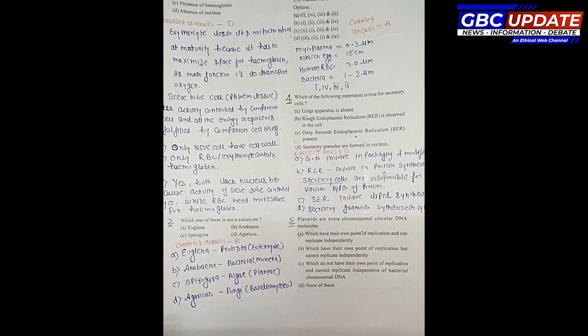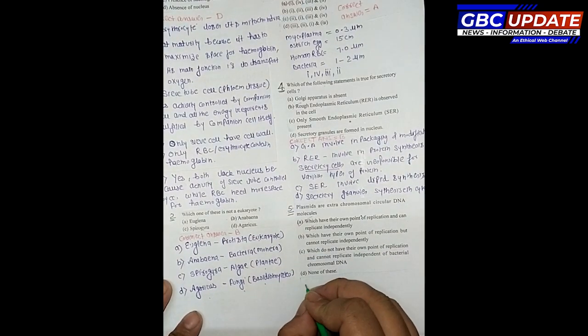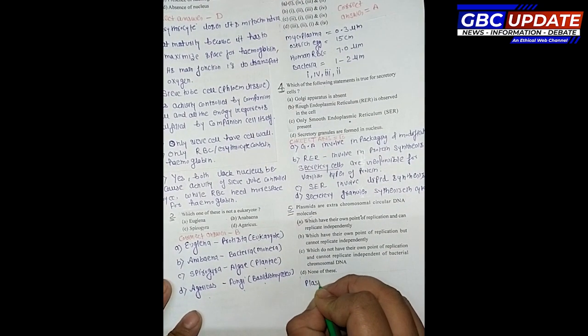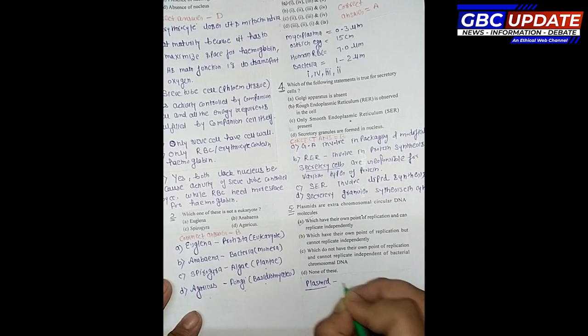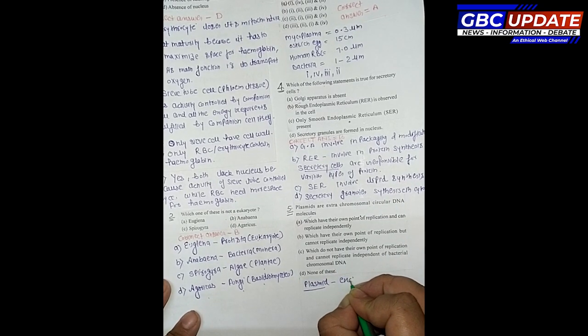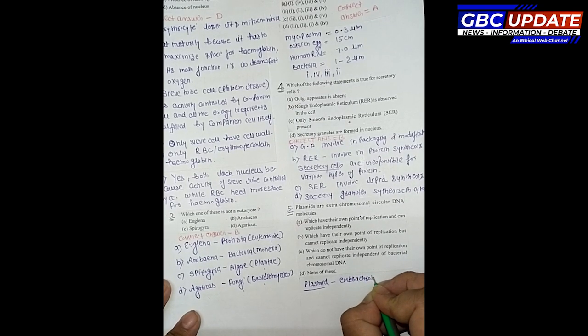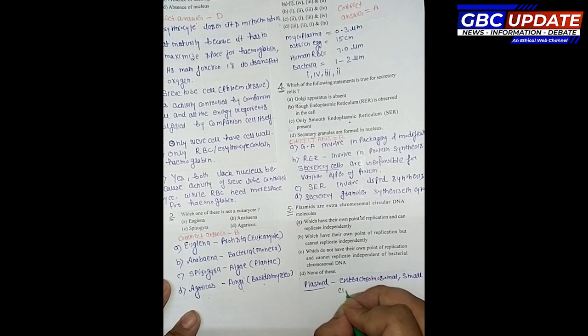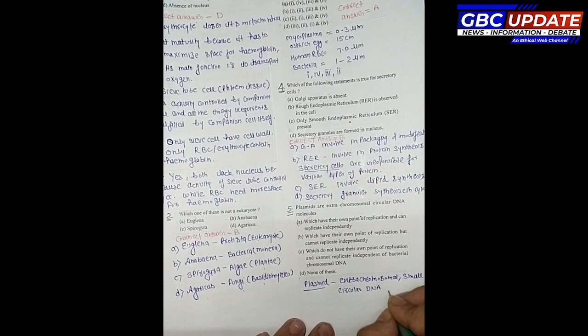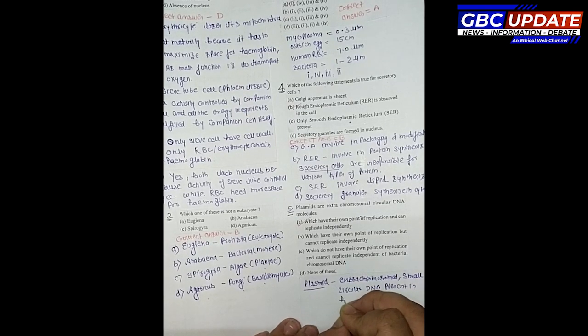So the bacteria contain plasmids, and plasmids are extrachromosomal small circular DNA present in the bacterial cytoplasm.